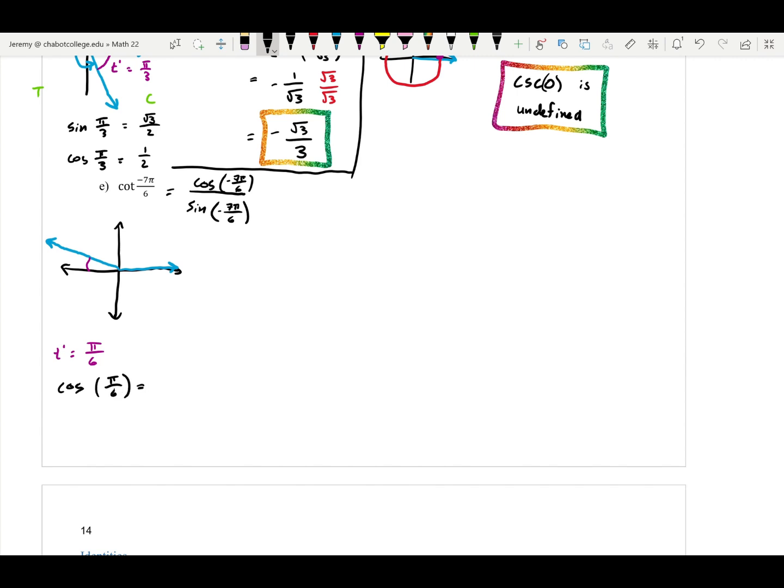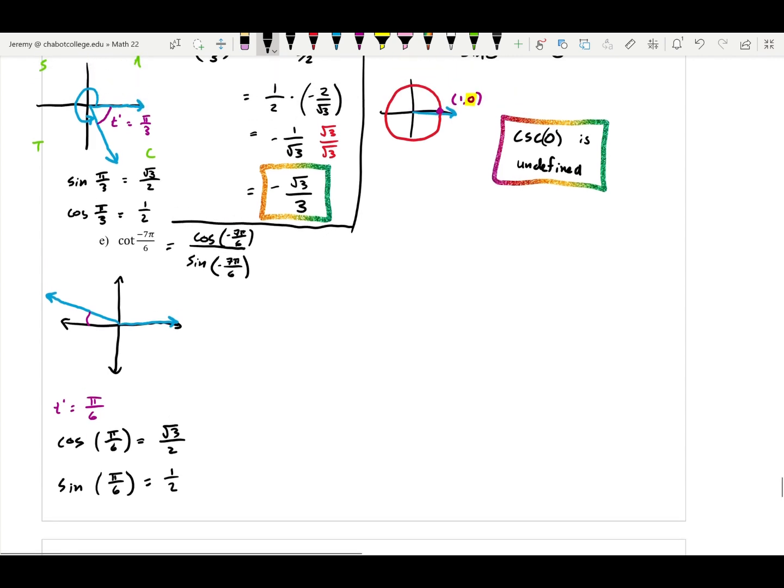Cosine of pi over 6 using the first quadrant of the unit circle, I get root 3 over 2. Sine of pi over 6 is 1/2. So this is the scratch work off to the side.